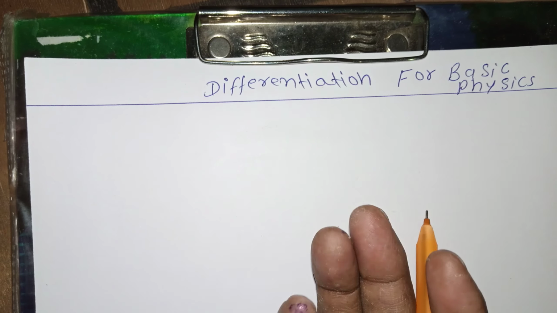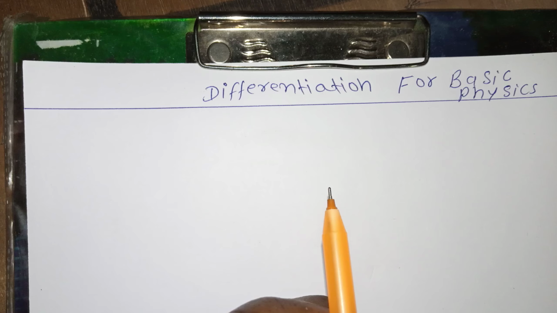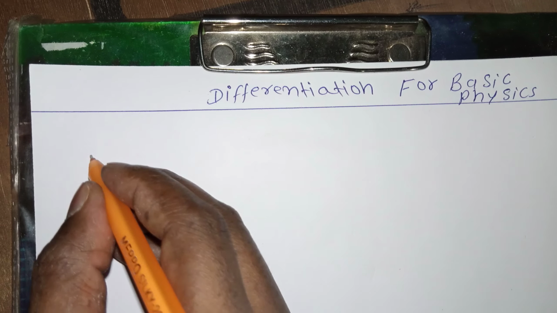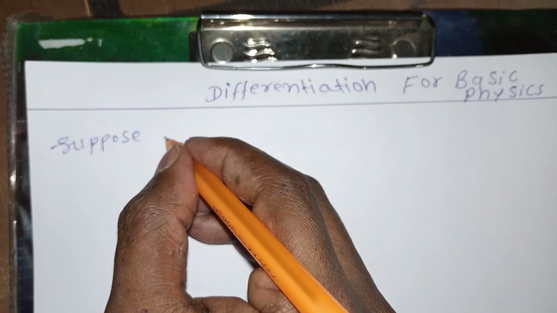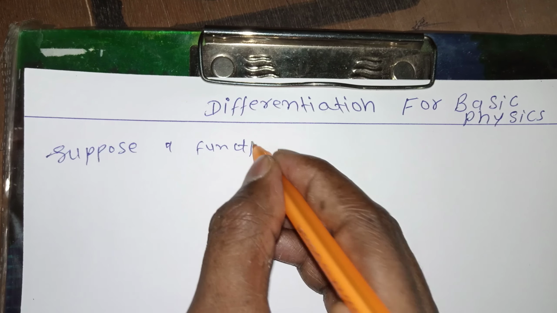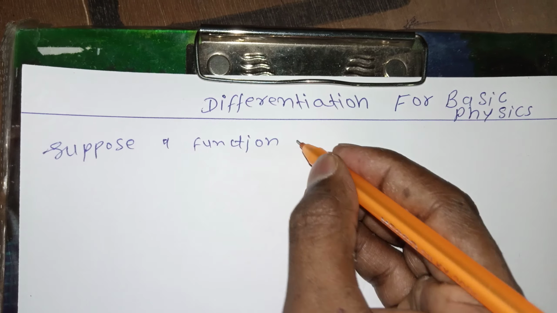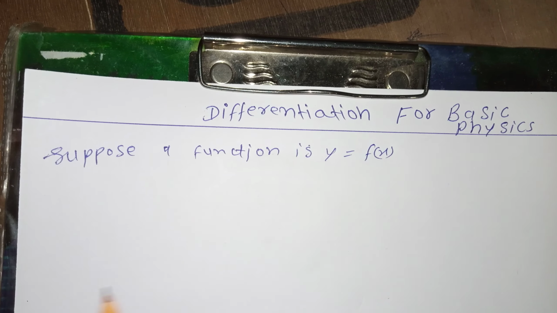Differentiation is the slope of the tangent at the point of that function. Suppose a function is y equal to f(x).